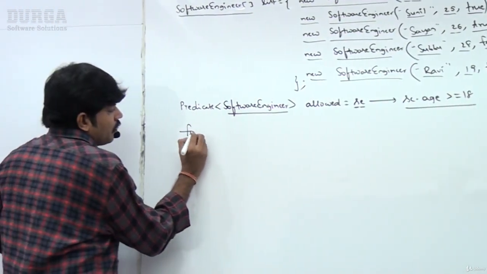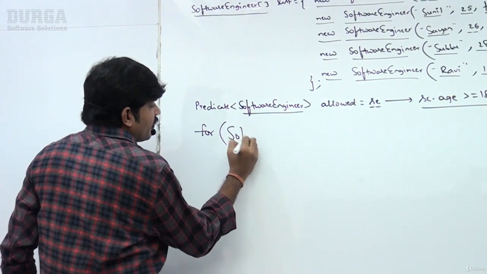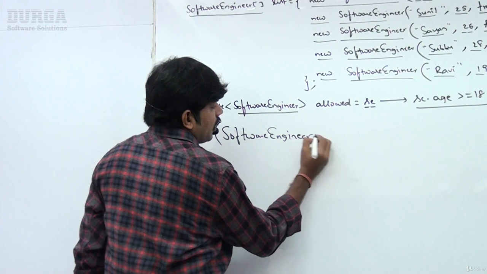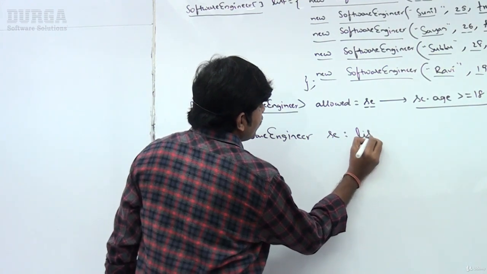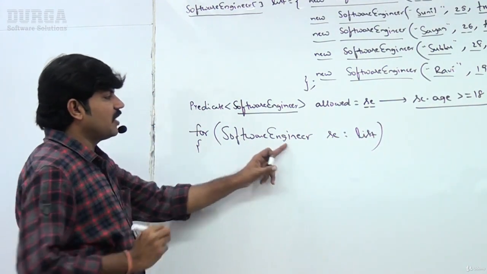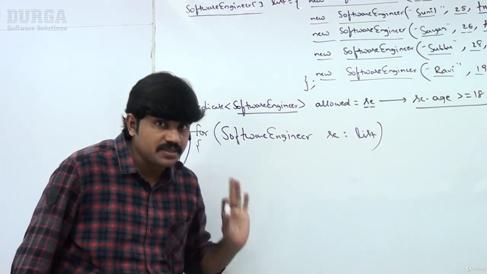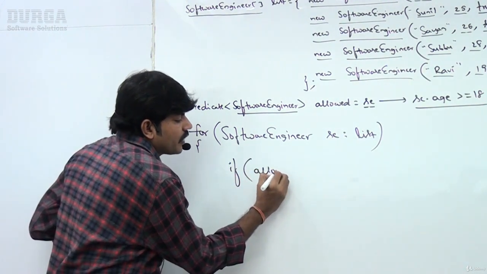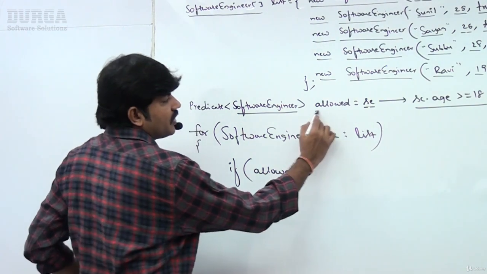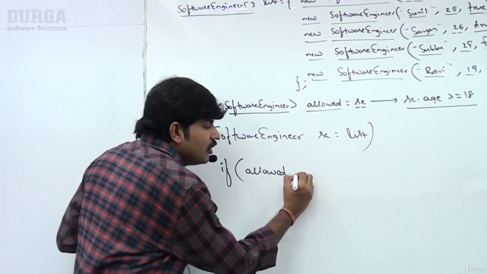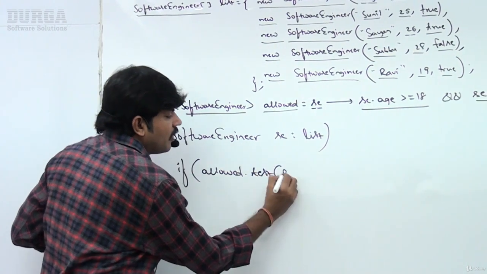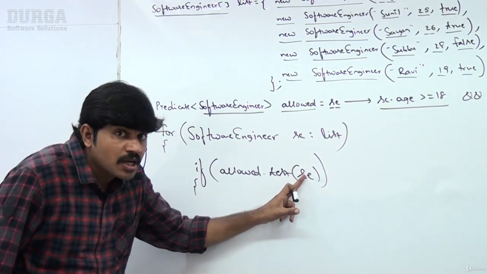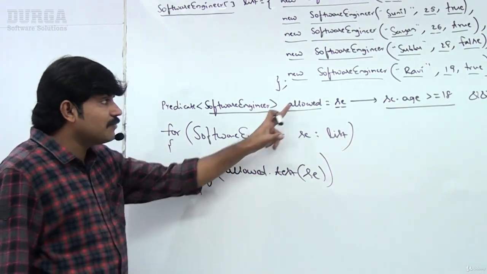Now here observe, for each software engineer object SE in this list, allowed is nothing but the predicate reference variable. Allowed.test of SE: I am passing the software engineer as the argument to the test method of this predicate.